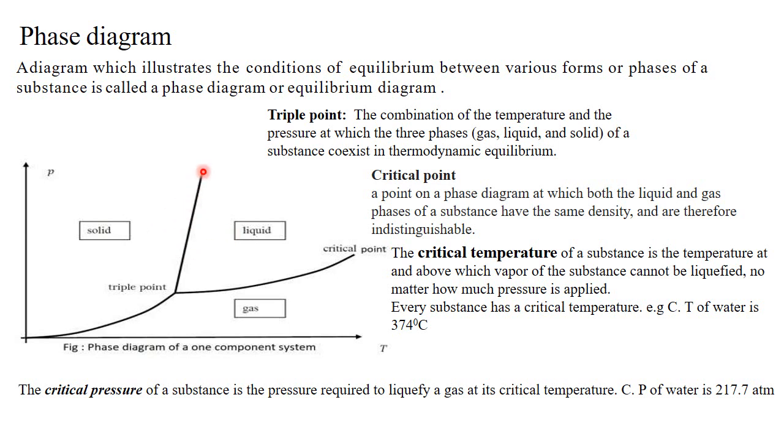Triple point is the point where three phases of a substance coexist, or we can say three phases are in equilibrium at this point. The point at which three phases of a system or a matter exist at equilibrium is called triple point.